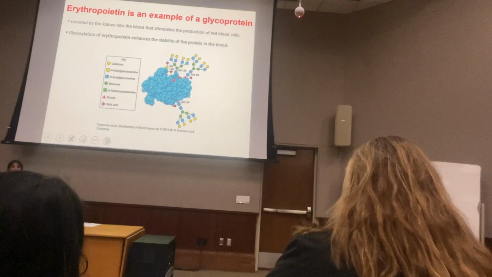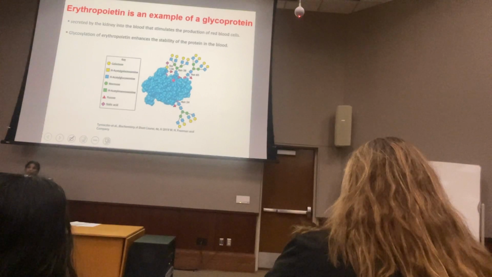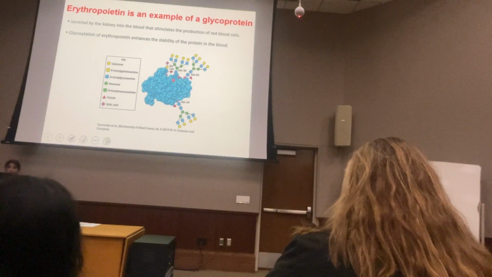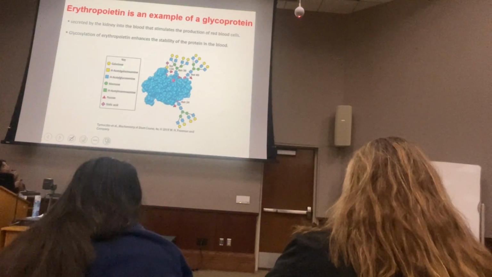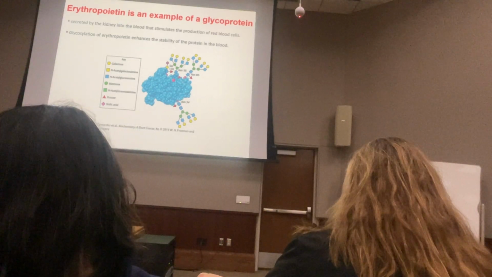Erythropoietin is another example of a protein that has sugar groups attached to it. And proteins that have sugar groups attached do have a function. One of the functions of those sugar groups is stability. They actually stabilize protein structure.